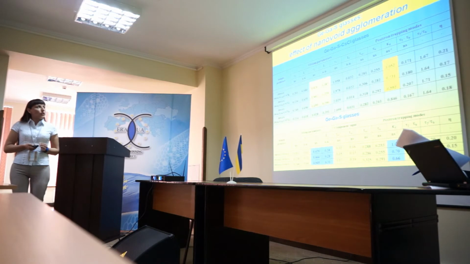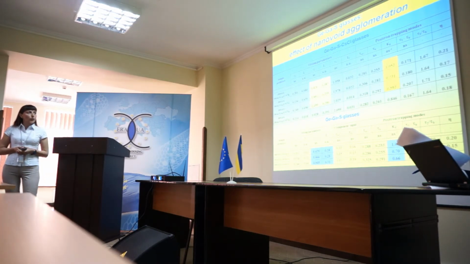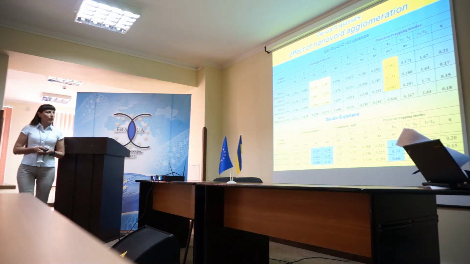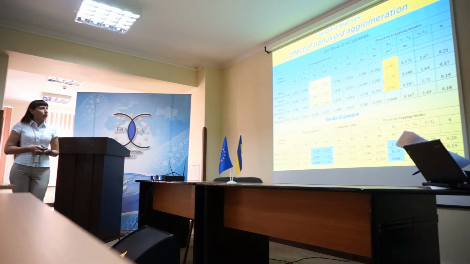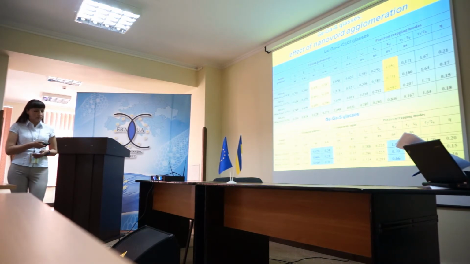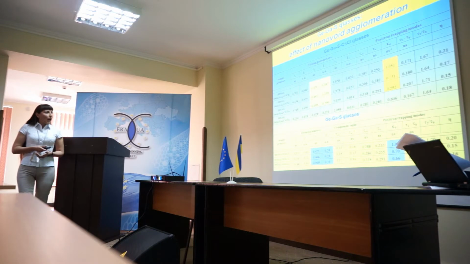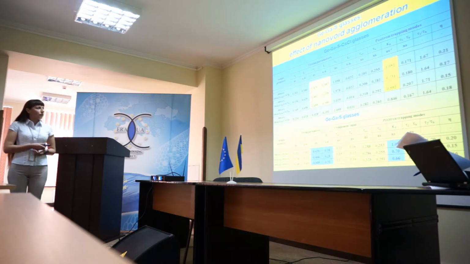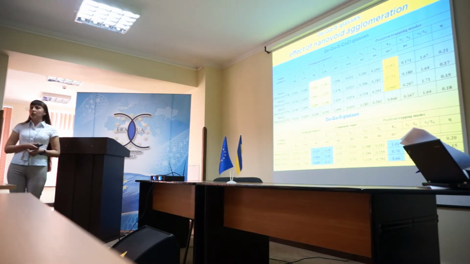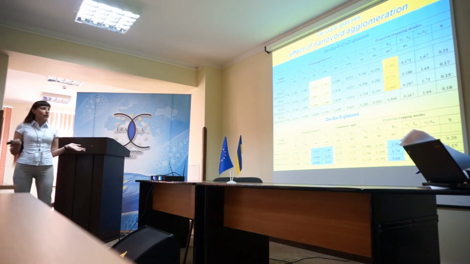In the case of germanium gallium sulfur with different amounts of cesium chloride, we have only fragmentation, agglomeration dependence of this parameter like in previous cases. And in the case of cesium chloride 15, we have maybe fragmentation, but there is some question in these cases.